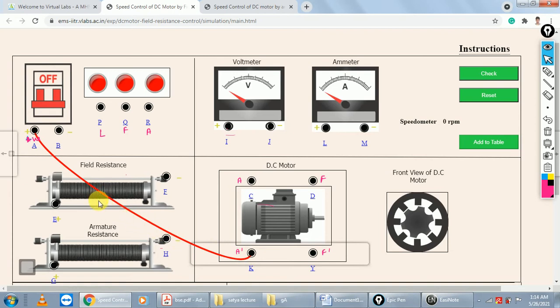Here we connect A and A dash, and F dash in shunt manner, and give a positive supply according to the simulation. Next step is, this is A, connect to this ammeter negative terminal.